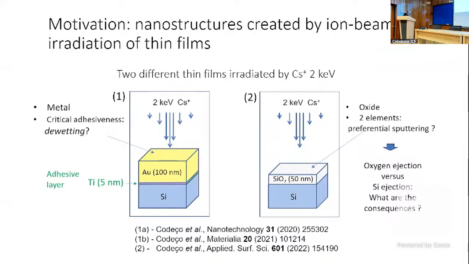And for example, here you can see, when you irradiate, you will eject both silicon and oxygen atoms, but not in the same amount. So there's sputtering, we say, but in principle there are preferential sputtering rates for each one of the atoms. This will break this balance, and soon it will not be SiO2, but SiOx, something.